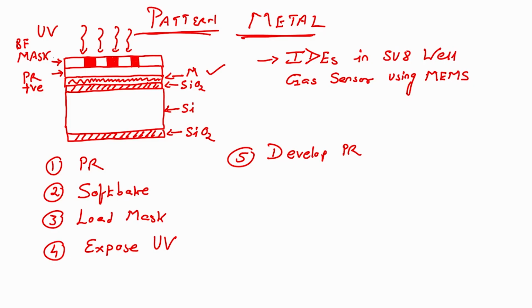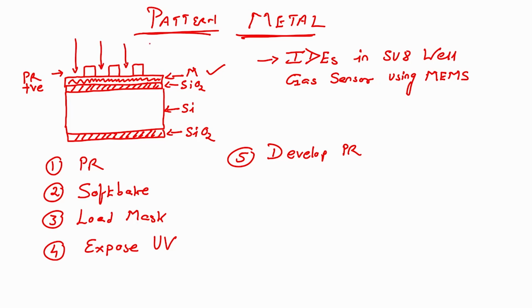So, what will I see? Once I complete my development step, that is I develop my photoresist, what can I see? I will see that the photoresist in the area that was not exposed will be there, and the area which was exposed by UV light, which is this one or this one or this one or this one, the photoresist will get developed.